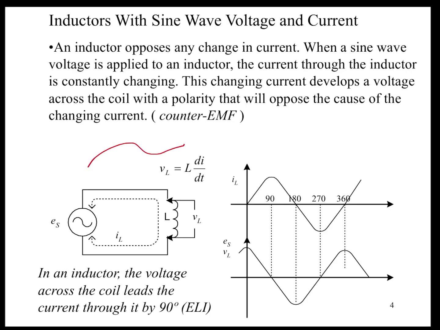So when it comes to an inductor in AC, and we look at this slide here, we've got a representation of current versus voltage. Notice how we have our E source value here as our applied voltage, and then our IL is going to be the current that flows as a result of an ideal inductor.